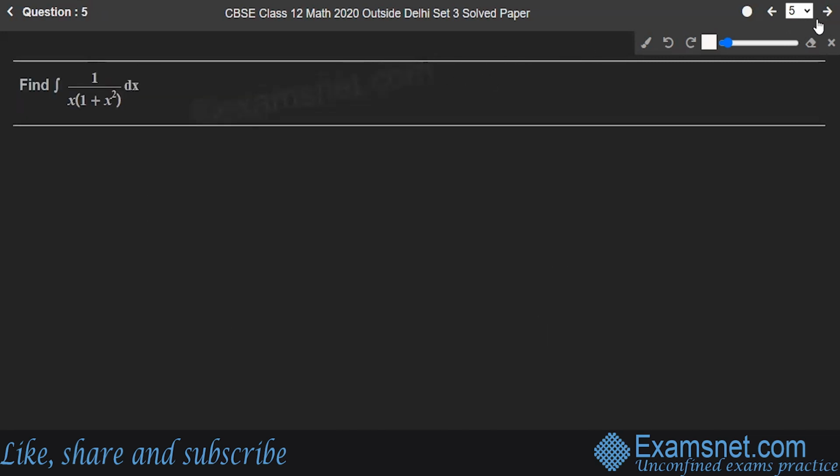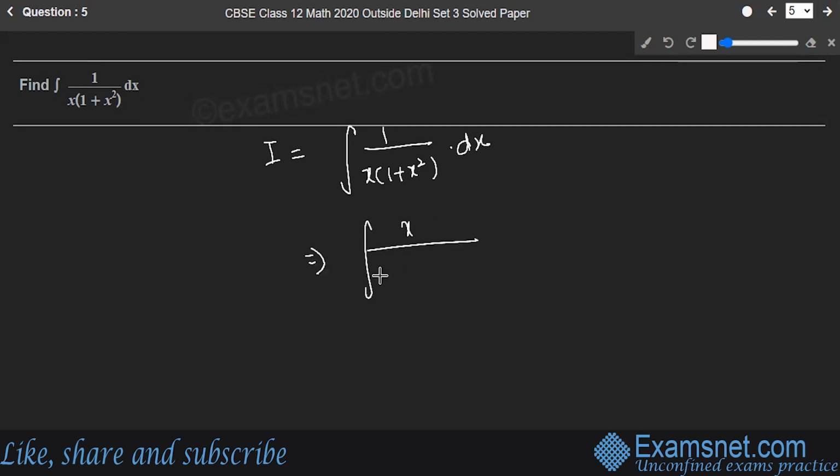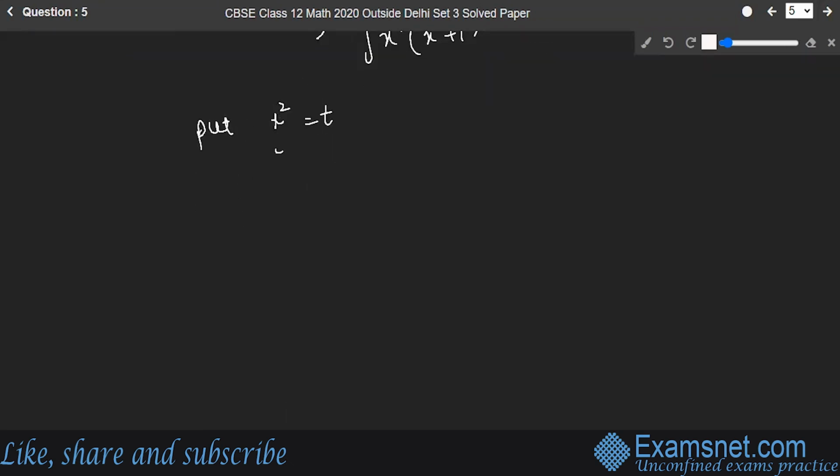Next is question number 5. You have to find the integral of 1 upon x into (1 plus x squared). Let's say this is equal to the integral of 1 upon x(1 plus x squared) dx. So I'll multiply the numerator and denominator by x. This will be x squared into (x squared plus 1). Let's put x squared is equal to t. Then you will have 2x dx is equal to dt.